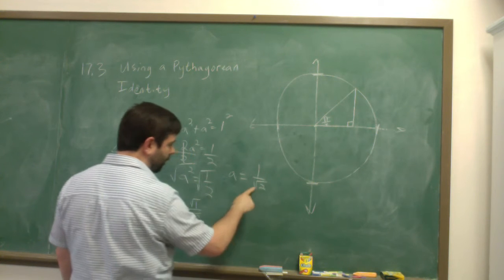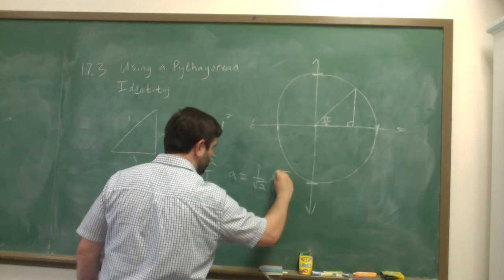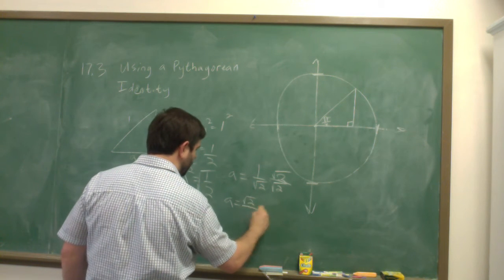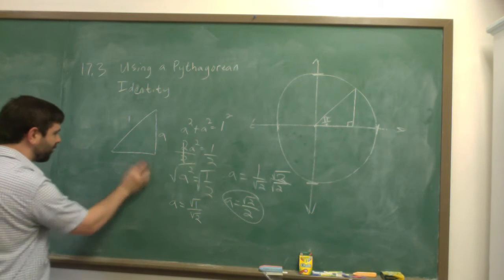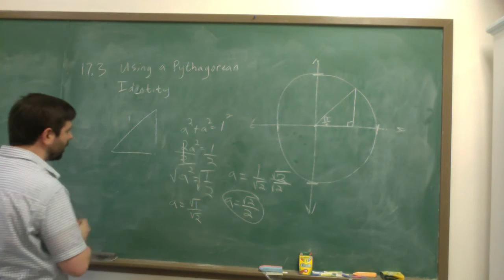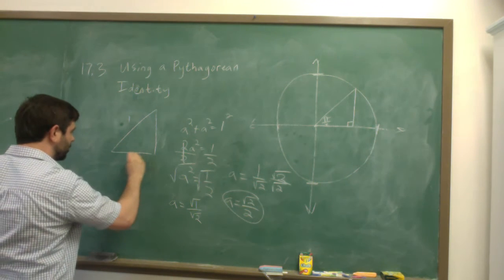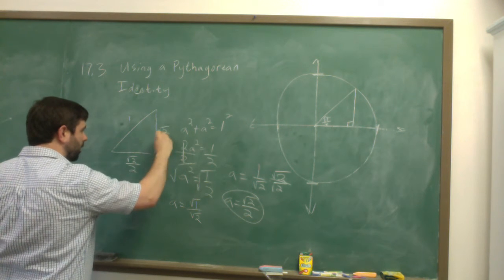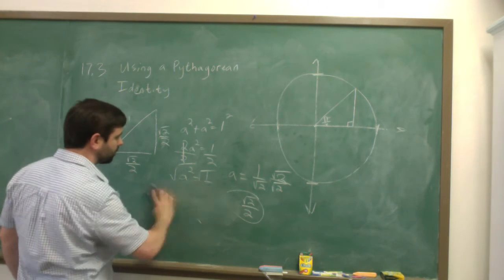We don't like to have a square root in the denominator, so multiply by root 2 over root 2, and we get A equals root 2 over 2. So in a 45, 45, 90 triangle, when the hypotenuse is 1, which it is on our unit circle, we have root 2 over 2 as our legs.